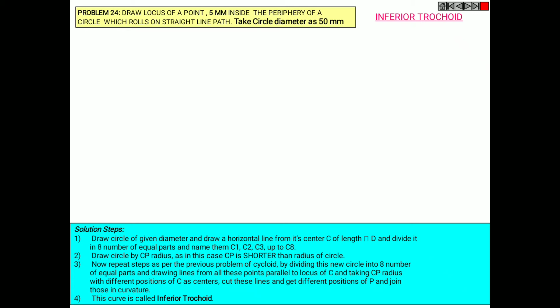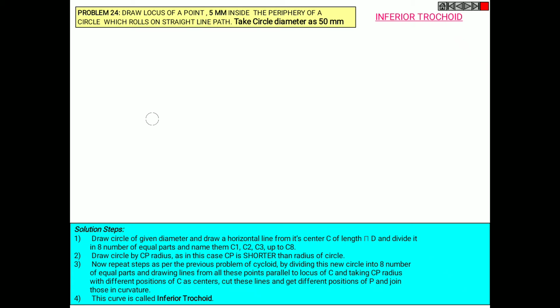Now repeat all the steps as per the previous problem cycloid by dividing this new circle into 8 number of equal parts and drawing lines from all these points parallel to locus of C. By taking CP as radius with different positions of C as center, got all the lines and different positions of P and join those in the curvature. So this curve is called your inferior trochoid.